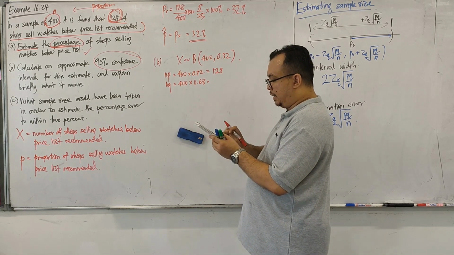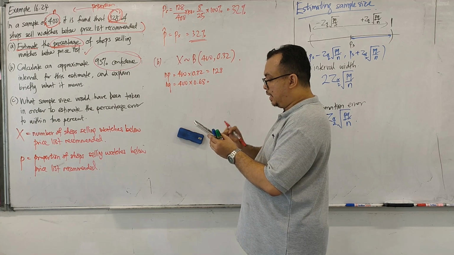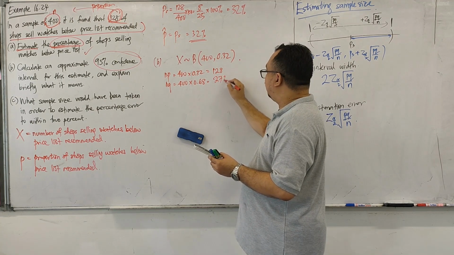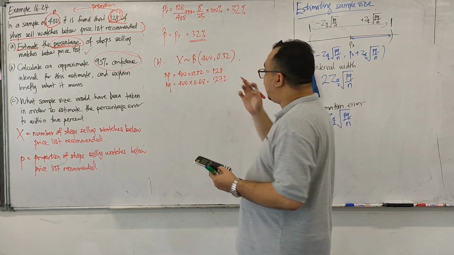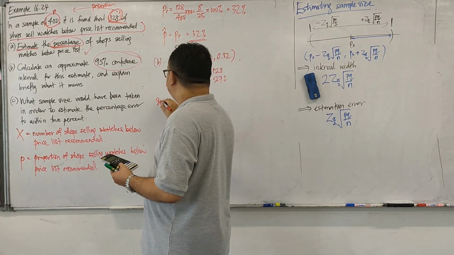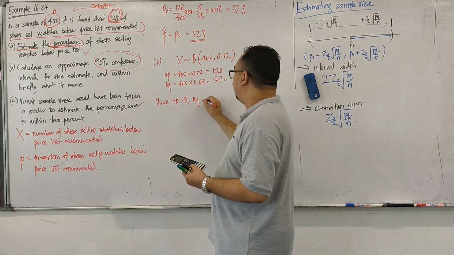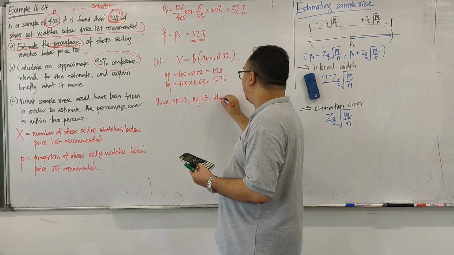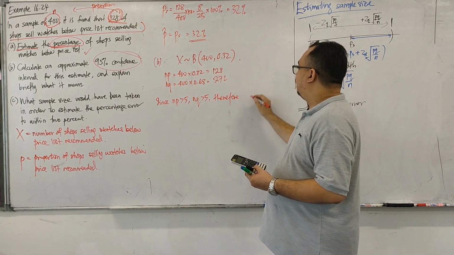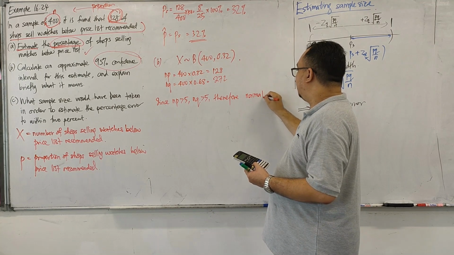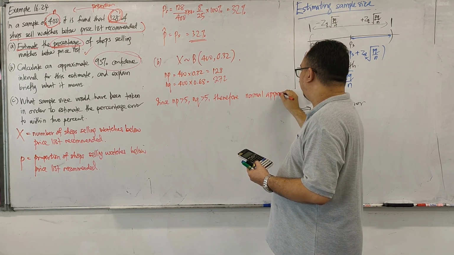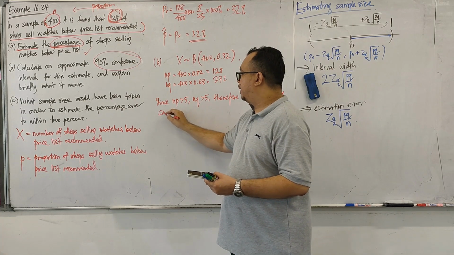This one 400 times 0.68, 272. So dua-dua lebih besar daripada 5, since NP more than 5, NQ more than 5, therefore normal approximation can be applied.